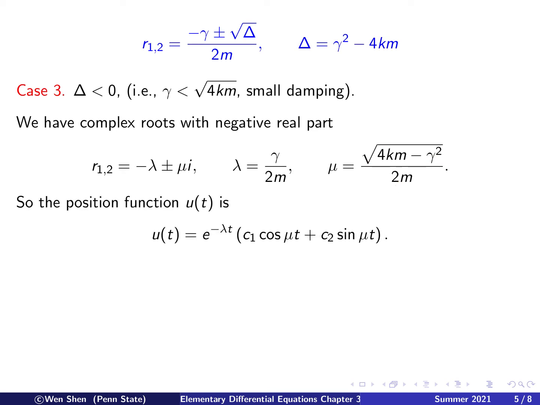And then we can write out the solution. The general solution is an exponential function times cosine and sine. The exponential function has the real part as the exponent, multiplied by sine and cosine, where the imaginary part goes as the frequency of the oscillation. As we have seen from the solution with complex roots with negative real parts, this is a periodic motion.